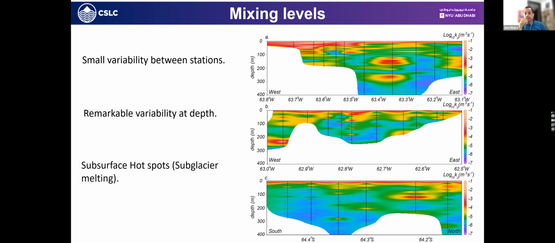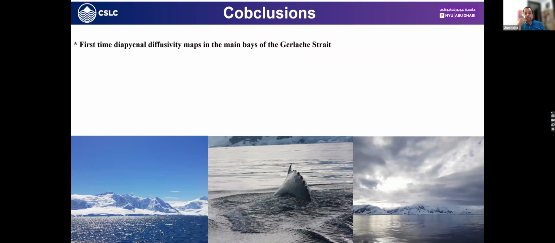Also, we can observe some hotspots, higher turbulence levels, that may be associated with the interaction of the entrance of different water masses with resident waters and topography. In general, just to conclude, this is the first time a diffusivity map has been created for the main bays of the Everlach Strait.